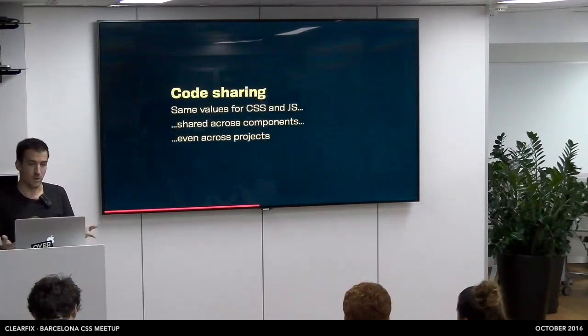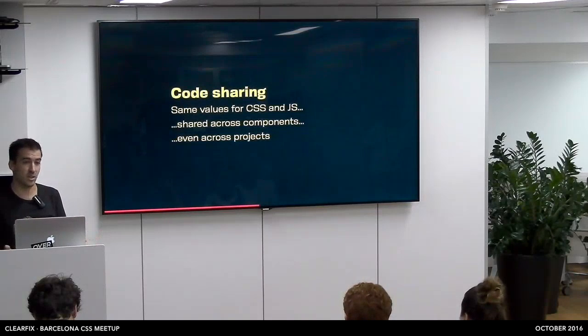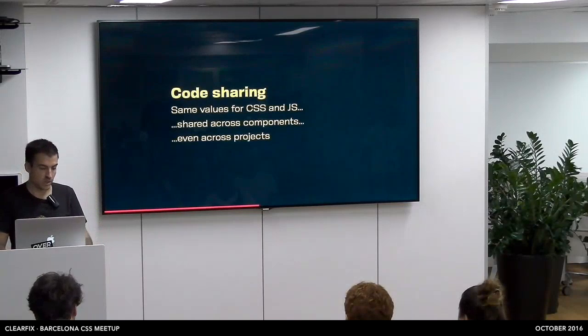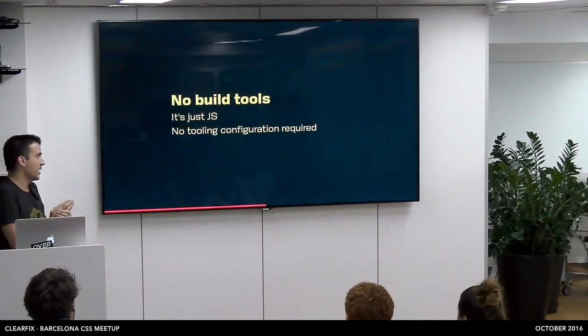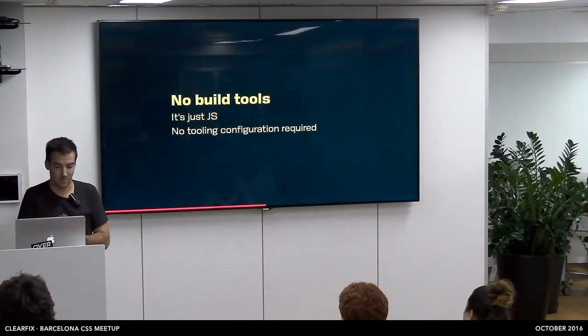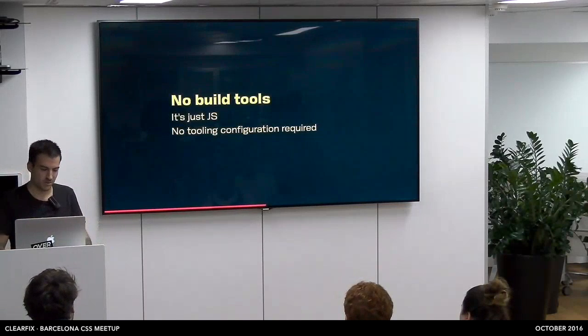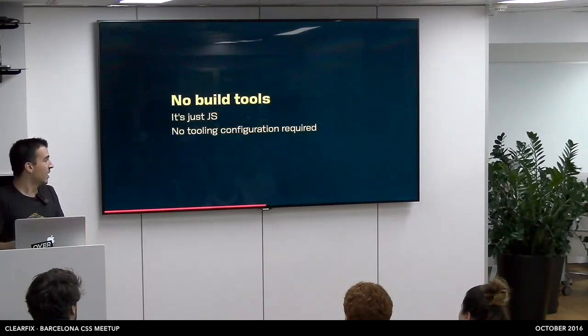You also, if you're used to JavaScript, can share everything. You can use the same values for CSS and JavaScript, and you can share them across components, and even across projects. You can put a package of values in a Git repository or an npm package and just include it in all your projects, and you're good to go. And the one that actually solves my problem with Webpack, first world problems: you don't have to handle build tools.